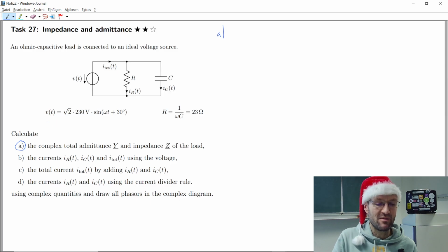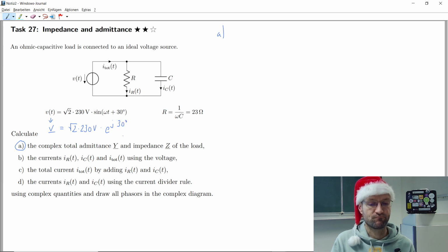Yeah, so maybe it would be a good idea at first to convert this into a phasor, and say the phasor is once again square root of 2 times 230 volts, and then take e to the j 30 degree. Okay, so then anyhow, how do we do total admittance and impedance of the circuit?